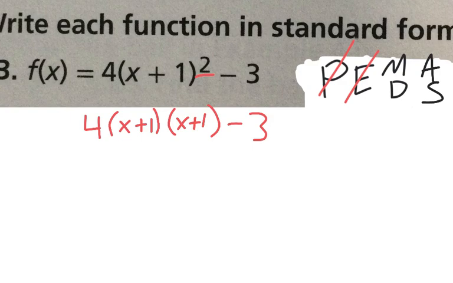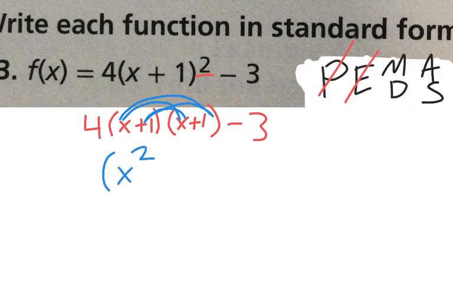So for me, I would multiply the x plus 1 times the x plus 1 first. Multiply your parentheses by each other first. So what must I do to multiply those parentheses? I need to distribute. Okay, so I'm going to multiply the x plus 1 times the x plus 1. X times x is x squared.